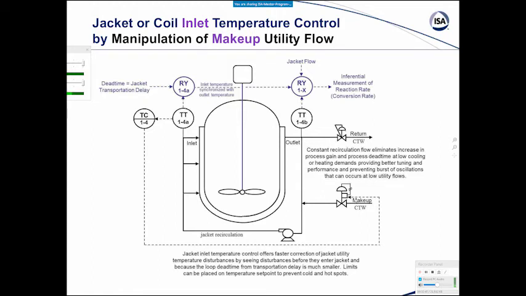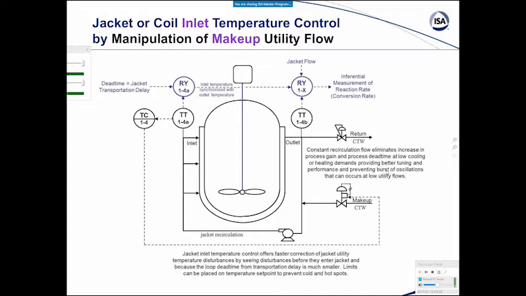This is very important, that you're manipulating a makeup flow, because you want to keep a constant recirculation flow through that jacket. It eliminates the increase in process gain and process dead time at low coolant or heating demands, providing better tuning and performance. And what's not recognized is that it's also preventing a burst of oscillation that people often don't realize can occur at low utility flows.